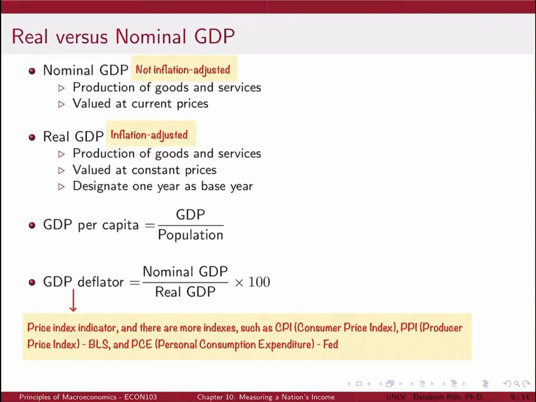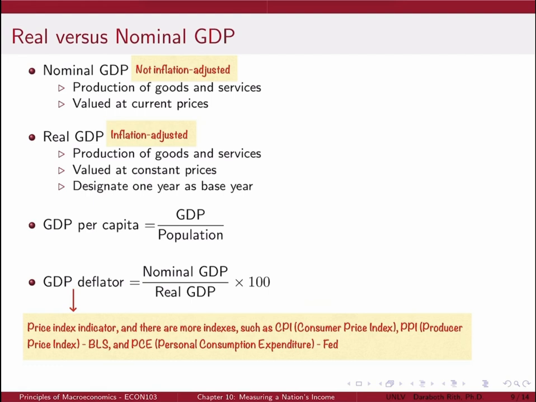The GDP deflator is a measure of price inflation and is calculated as the ratio of nominal GDP to real GDP multiplied by 100. Essentially, you take the nominal GDP divided by the real GDP and then multiply the result by 100 to obtain the GDP deflator.